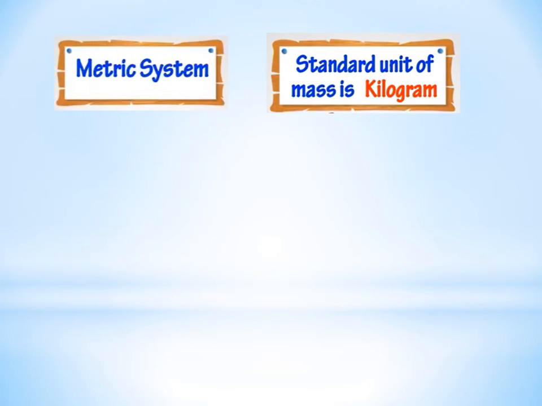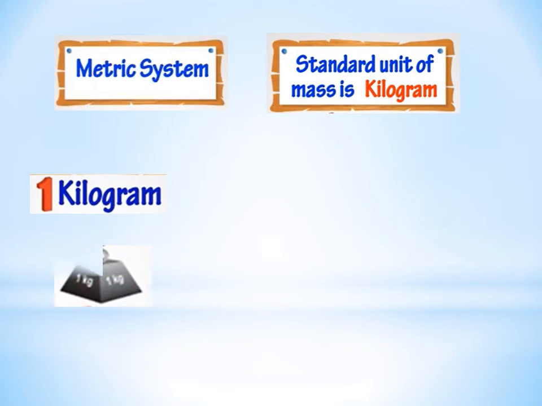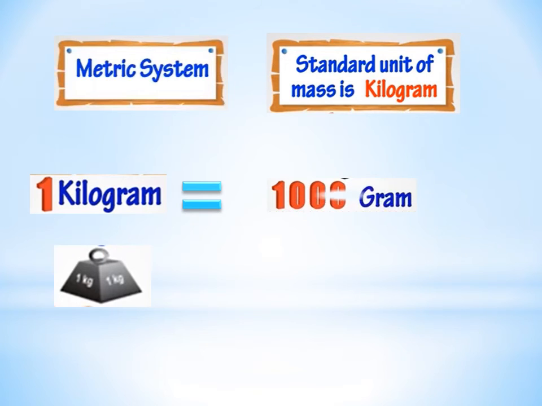Okay, so we said that the standard unit or the most famous unit for measuring mass or weight is the kilogram for heavy objects and the gram for lighter objects. 1 kilogram equals how many grams? It is equal to 1,000 grams.